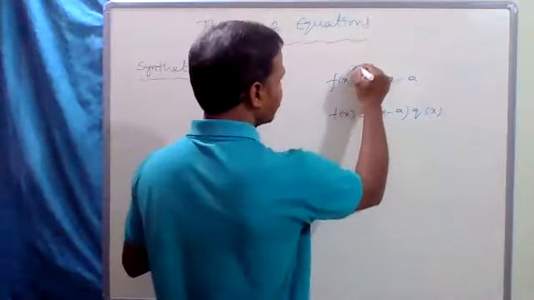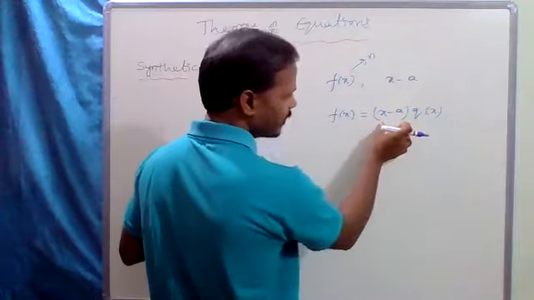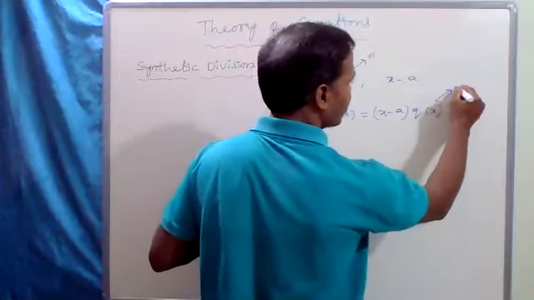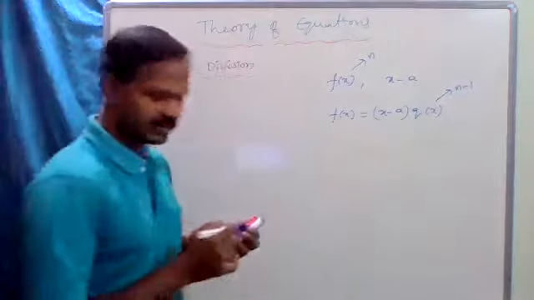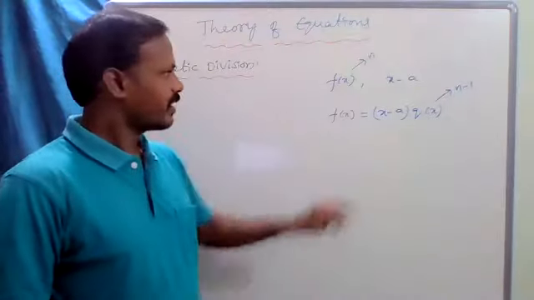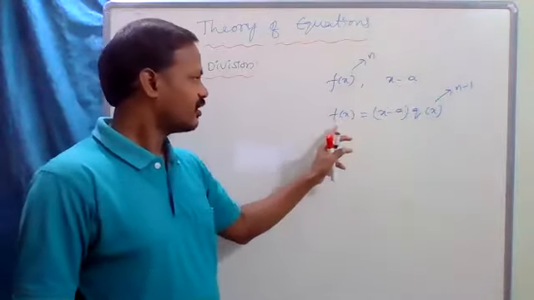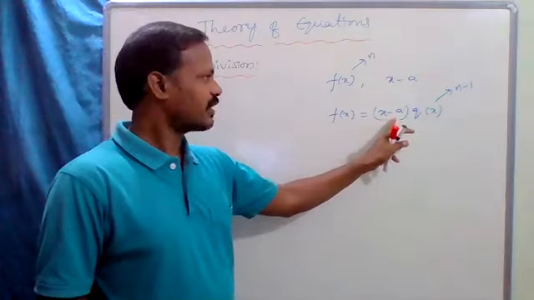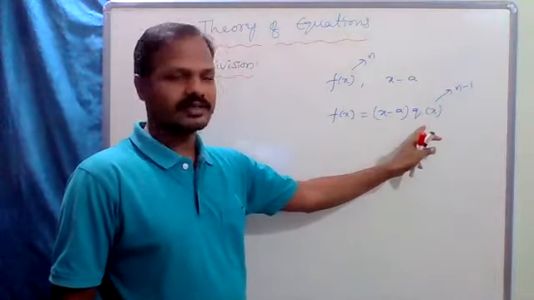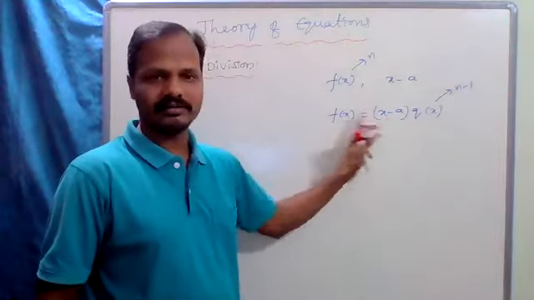Since the degree of x minus a is 1, if the degree of f of x is n, then the degree of q of x is n minus 1, because n minus 1 plus 1 is n.